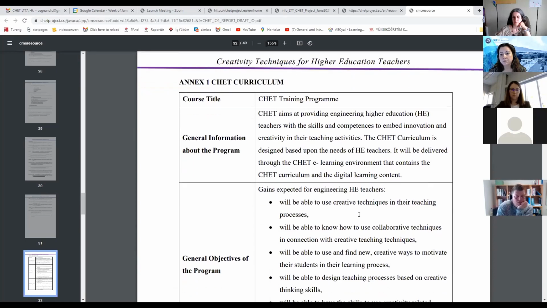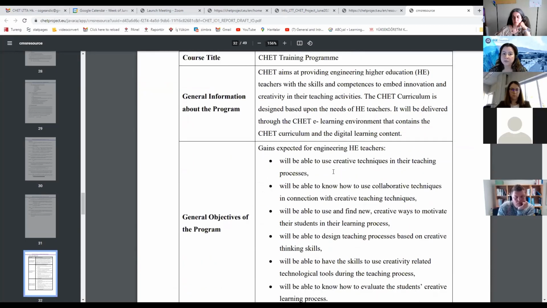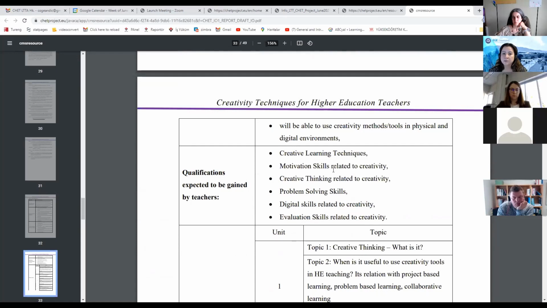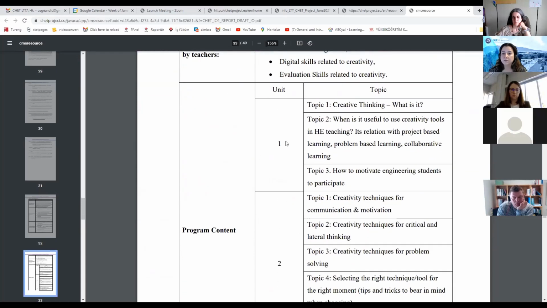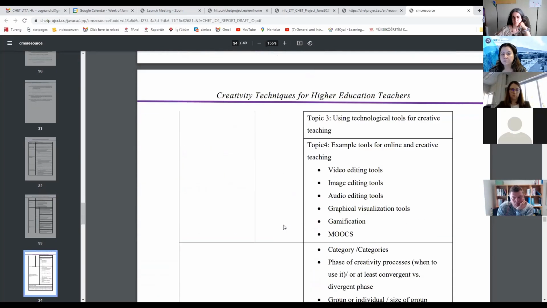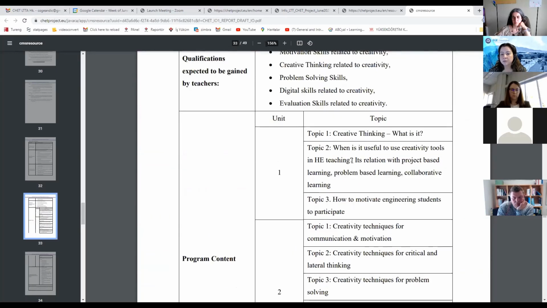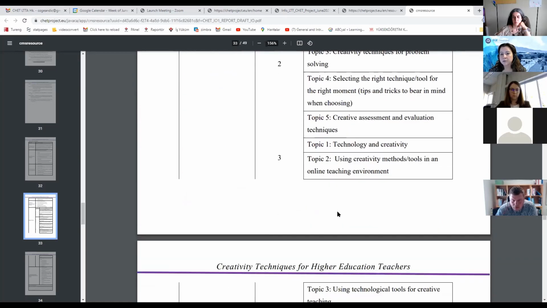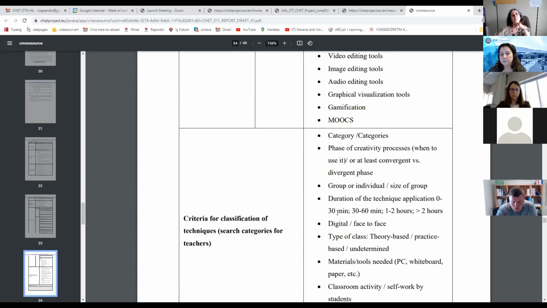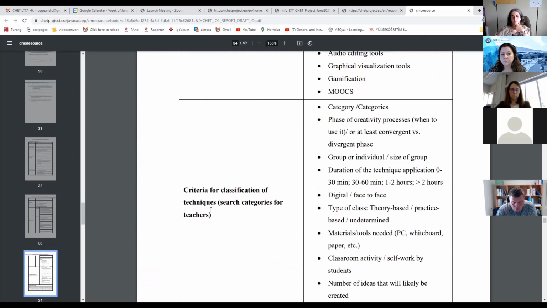You have this all given in the platform as well, but you can see that we have 3 main units, and under each unit we have some topics, like here and here. There are also techniques given to you as a toolbox, so that you can use the category or phase of creativity: is it convergent or divergent?